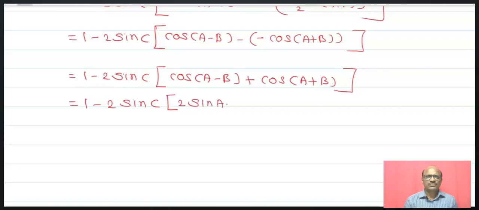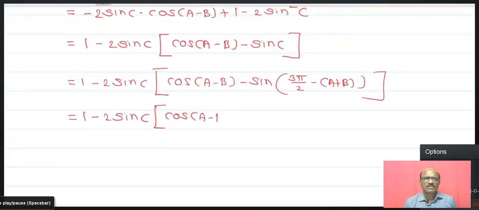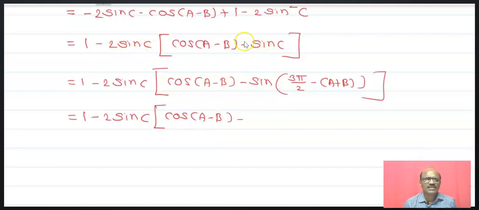That is equal to 2 times sin a into sin b. Now see this here. If we take minus 2 times sin c as common, then here you will get a plus sign. I made a mistake here.